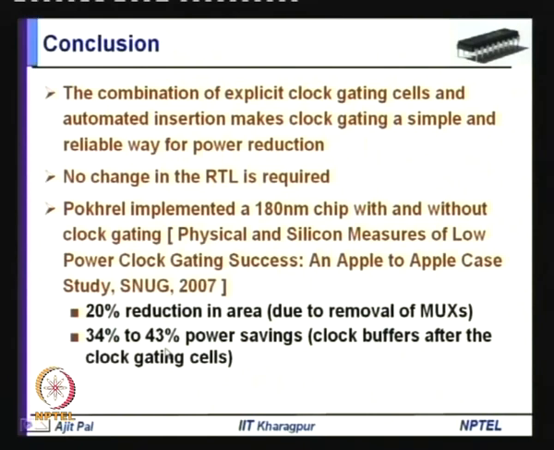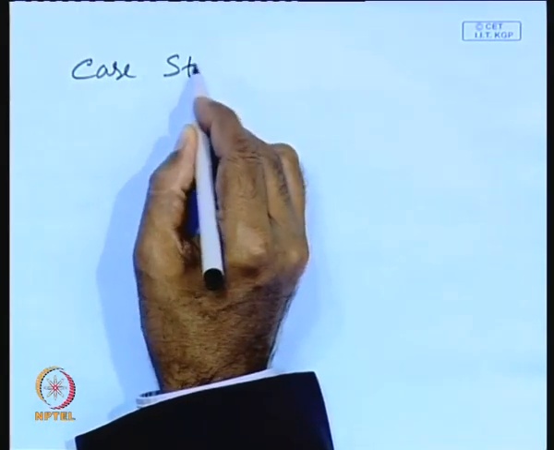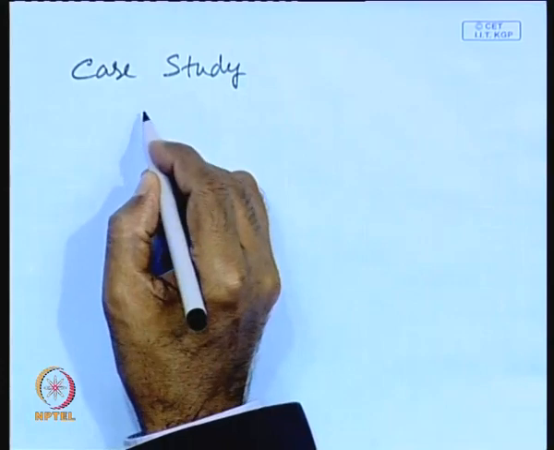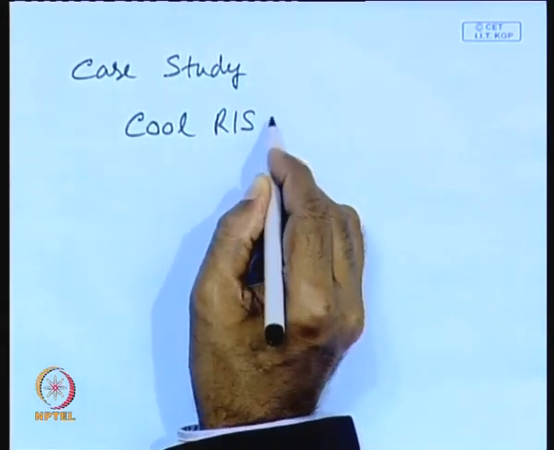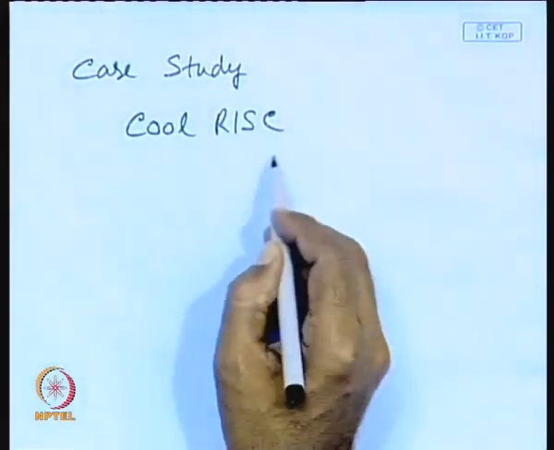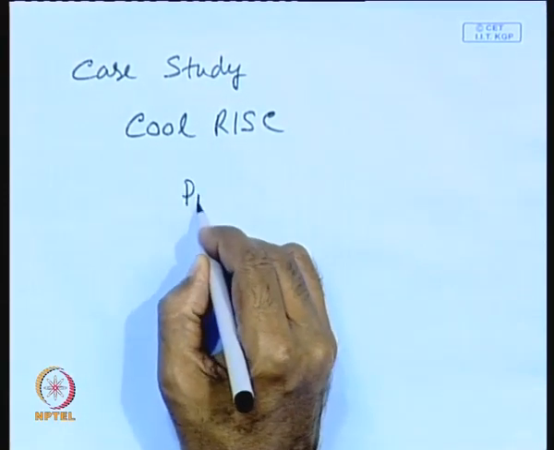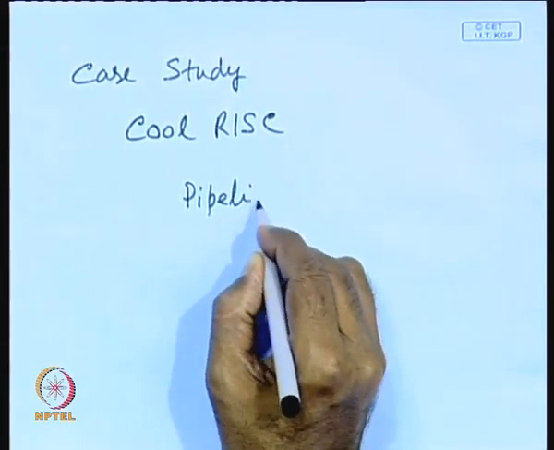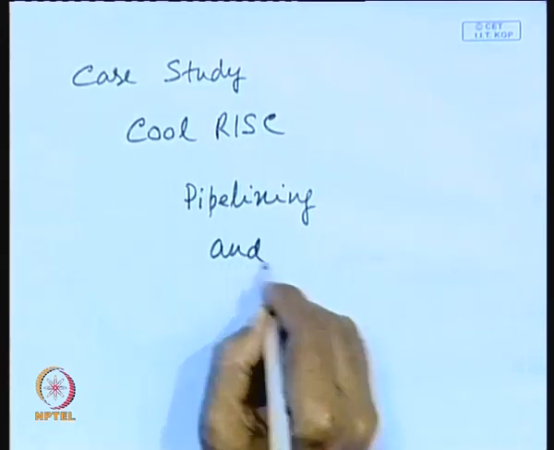And in fact, another important case study was done. The name of the chip is Cool RISC. So, a simple RISC microcontroller was implemented, incorporating pipelining along with clock gating.